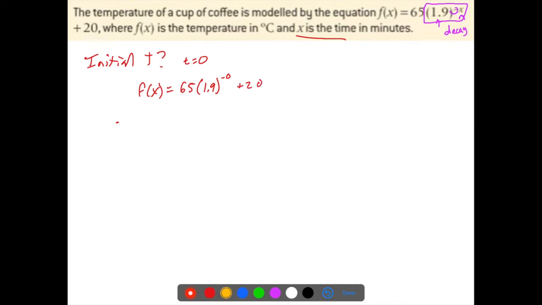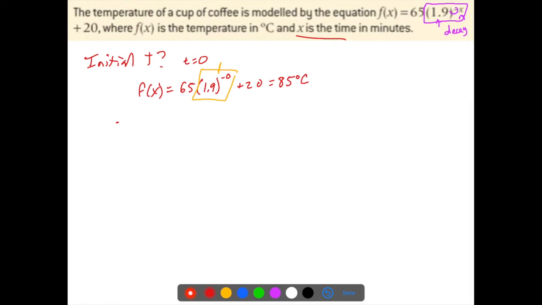Of course, 1.9 to the 0 is 1, so 65 times 1 is 65 plus 20, and I get a final answer of 85 degrees Celsius. That makes sense, right? Pretty hot cup of coffee when you get it at first.